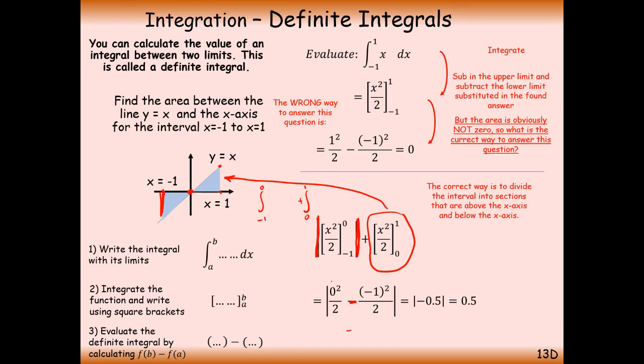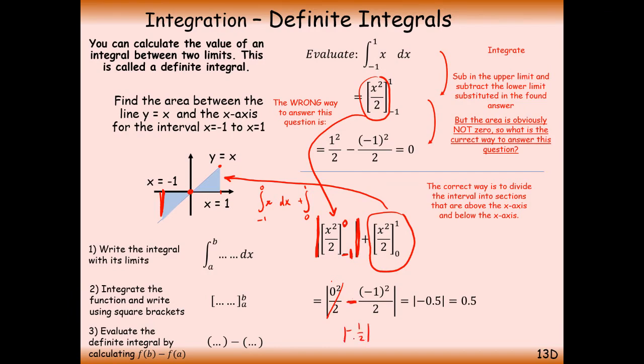So integrating x between minus 1 and 0 gives us the same expression, only the limits are going from minus 1 to 0, and then once I substituted that, this is 0, and this comes out to be a negative half.